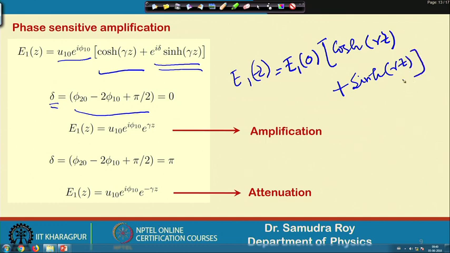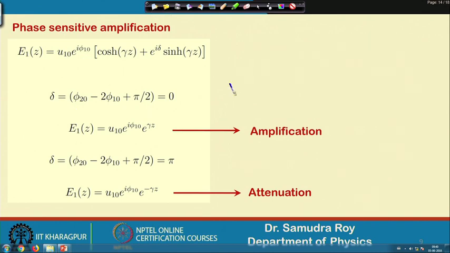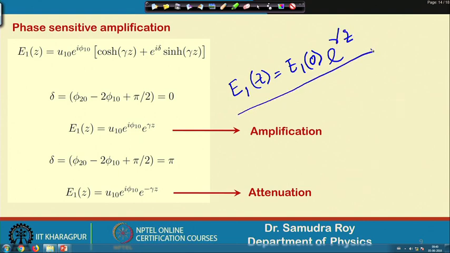We know that cos hyperbolic of gamma z plus sin hyperbolic of gamma z is nothing but exponential of gamma z. So, if I write in compact form, E1 z becomes E1 0 e to the power of gamma z. So, this is an interesting term. When delta is 0, this kind of phase matching is there.